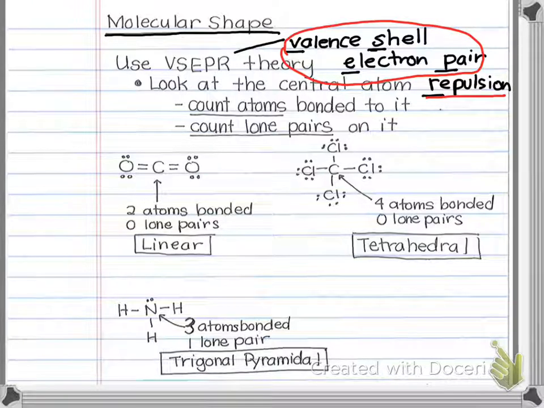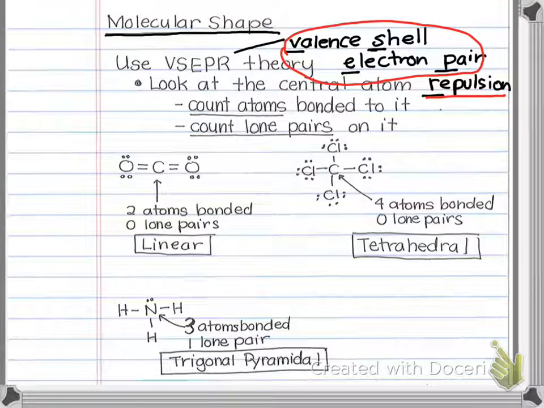So the VSEPR theory, the idea is that all electrons are negative, and so the valence electrons will try to get as far away from each other as possible, because they repel. Remember, like charges repel. And from that, they determined what the shapes would be. And for many things, the VSEPR model does a good job at predicting the shape.